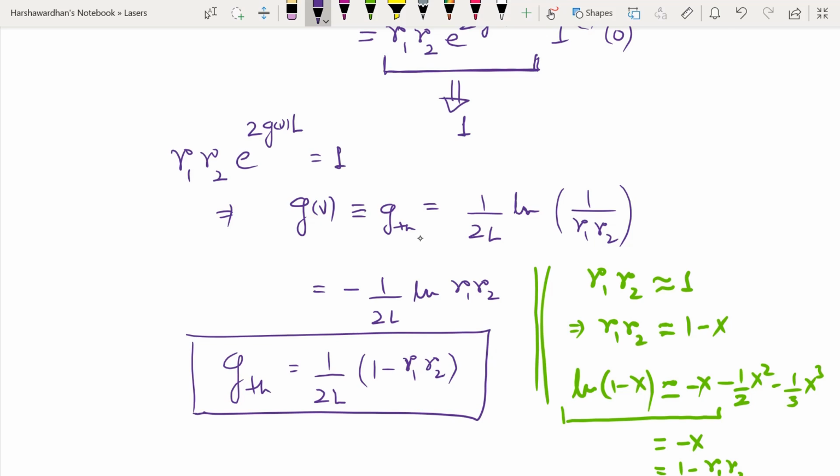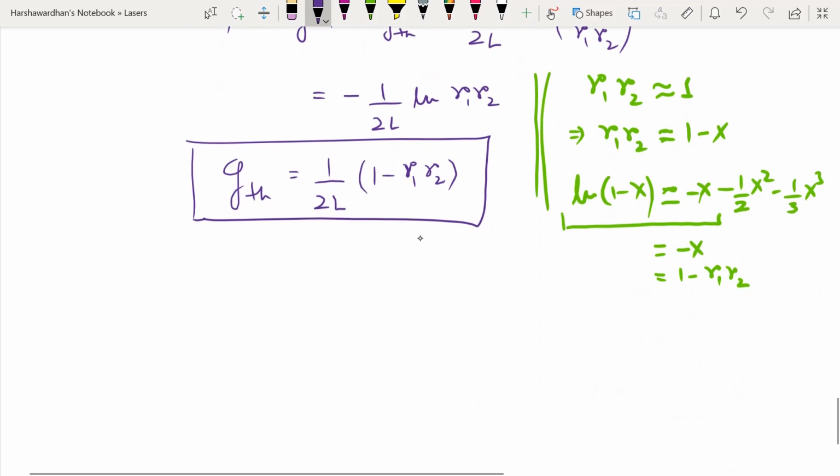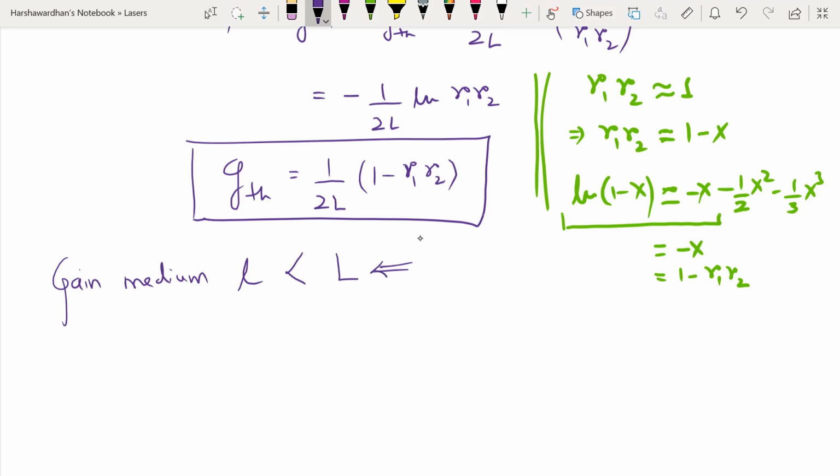Now remember another important scenario. Imagine that my gain medium has a length L which is smaller than the cavity length. This is my cavity length and this is the gain medium length, right? They need not be equal.